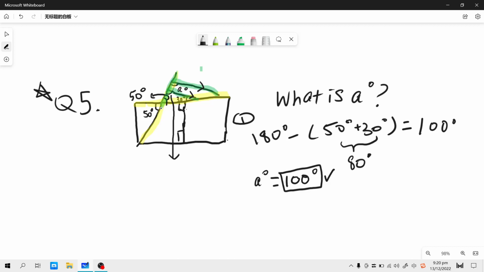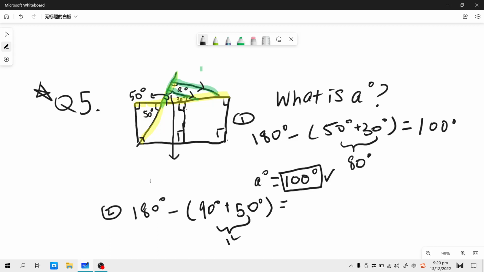Alright, so the silly way is, this is a rectangle. That means there are four right angles. So you know that this is 50, and this is 90 degrees. So you know what this angle is. This angle equals 180 minus bracket 90 degrees plus 50 degrees, which is 140 degrees.